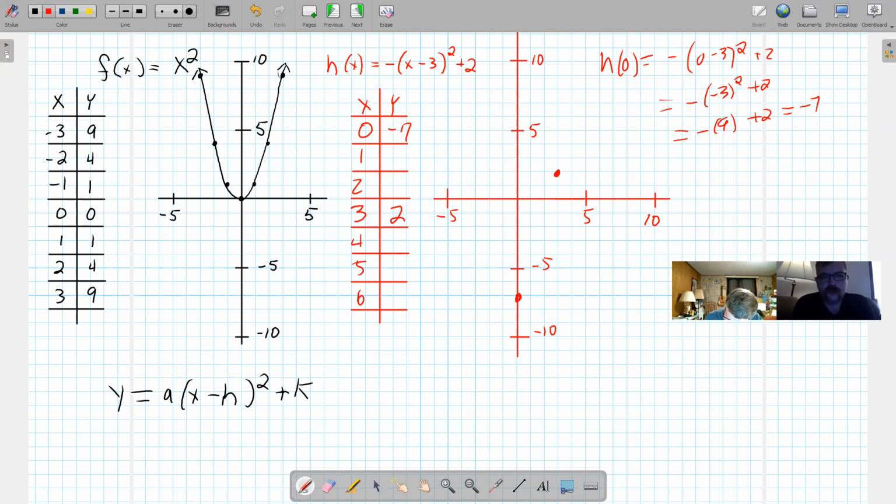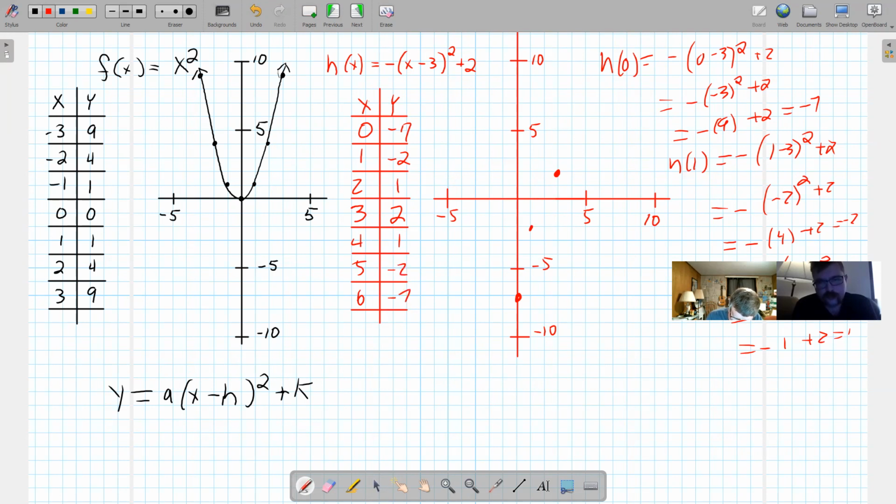If x is 1, h of 1 is -1 minus 3 squared plus 2, -2 squared plus 2, -4 plus 2, which is -2. 1, -2. If x is 2, h of 2 is -2 minus 3 squared plus 2, -1 squared plus 2, -1 plus 2, which is 1.